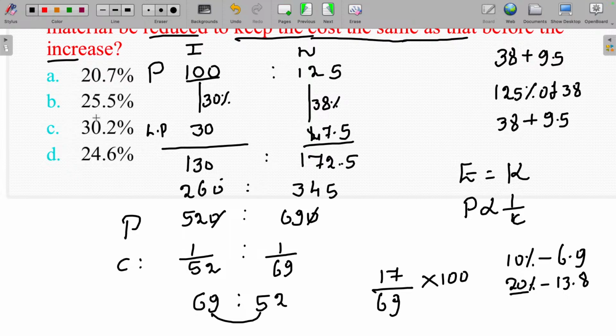Here I have two options, 25 and 24, very close options, so I need to check that. I will check 25 percentage. 50 percentage will be half of this number, 34.5, so 25 percentage is 17.25. But here I have 17, which means it is not my answer. My answer will be this.